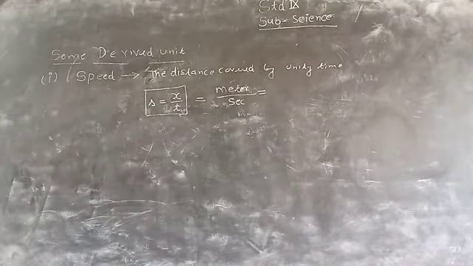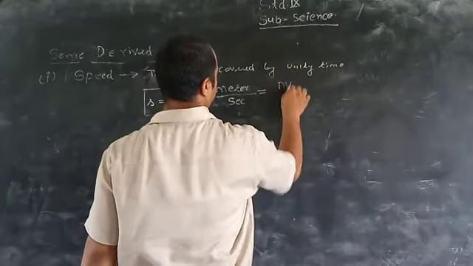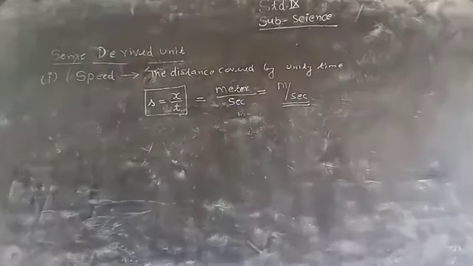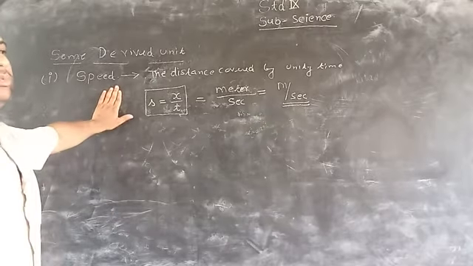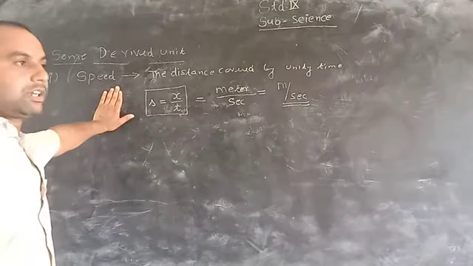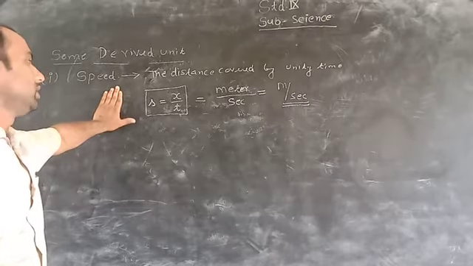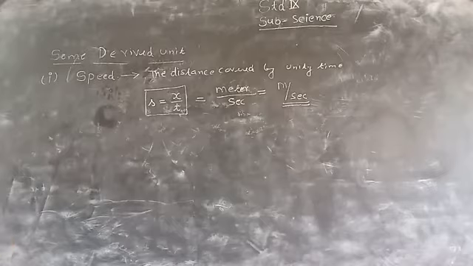The first fundamental quantity is meter, and the second fundamental quantity is second. So meter per second is the SI unit, because here we are using two basic units that are fundamental in nature, and these two fundamental quantities work together and a new quantity is generated here, and that new quantity is speed. So the basic unit of speed is meter per second.